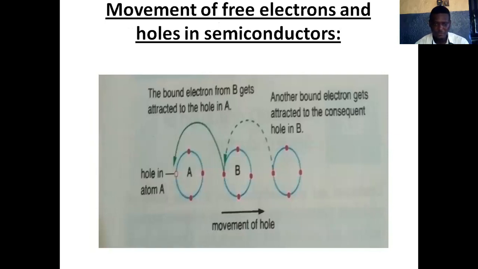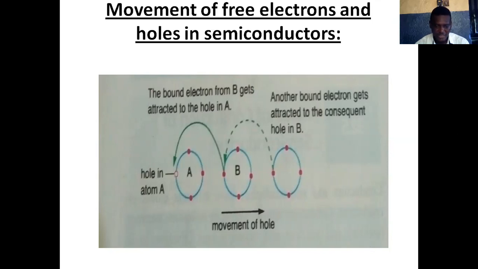So now, movement of free electrons and holes in semiconductors. Now, this is exactly what happens internally in the crystal structure of what? Semiconductors. So in a semiconductor, look at this particular atom, A. It has 4 valence electrons. Look at the other one, B. It has 4 valence electrons.